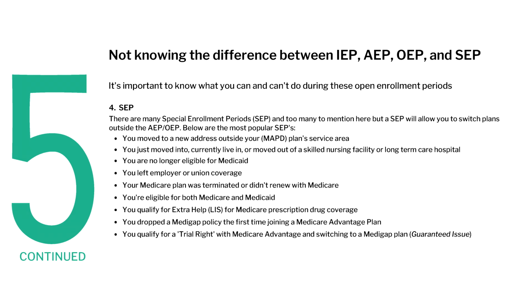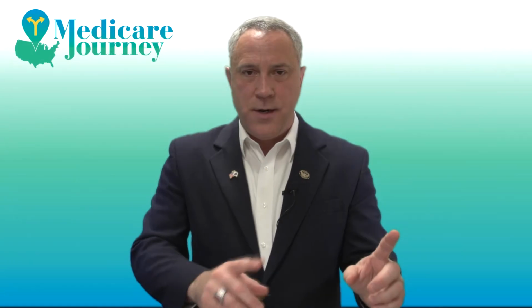There are two types of trial right periods that you have. One is for Medicare Advantage, and another one is for Medicare supplement. So at 65, you enroll in a Medicare Advantage plan. You want to give it a test drive for 12 months. You have a 12-month trial right to get out of that Medicare Advantage plan.